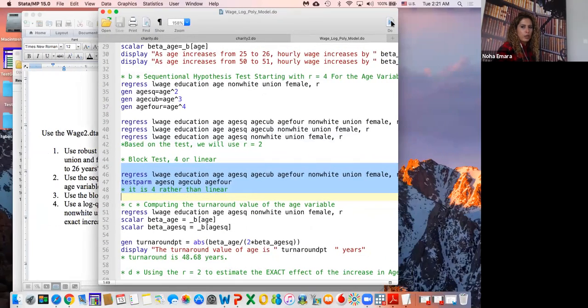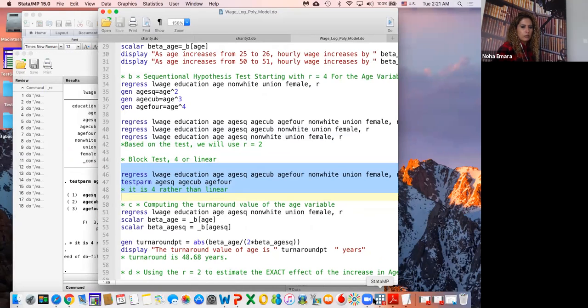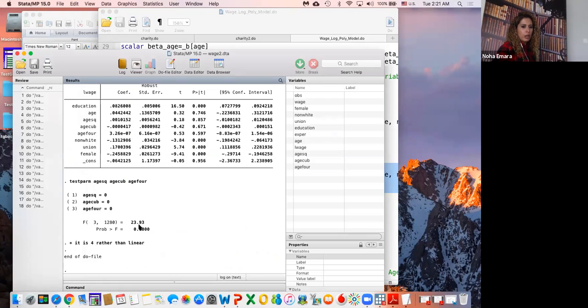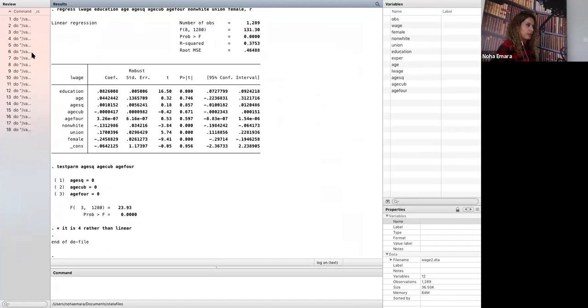So you perform the F test and you get the results right here. There is a 0 probability that these are equal to 0, okay? So you reject the null hypothesis and say that my model is non-linear rather than linear, okay?